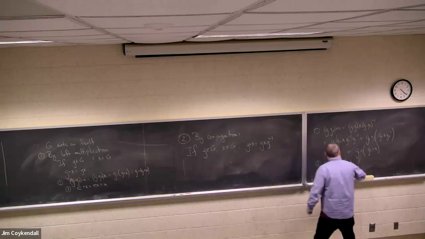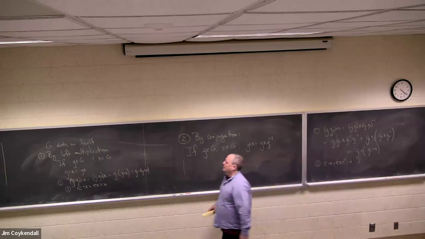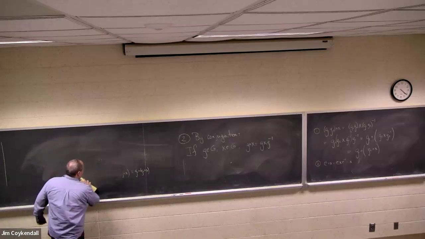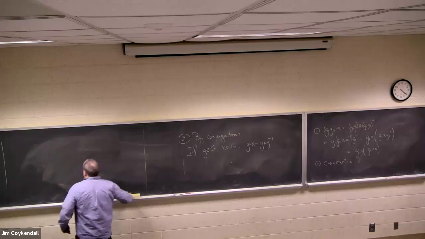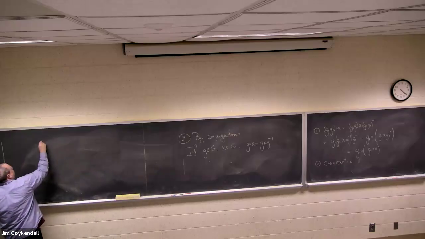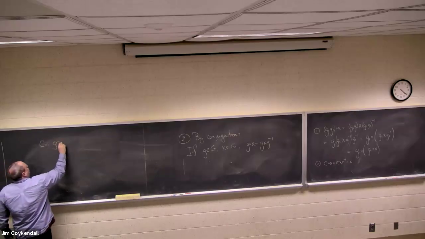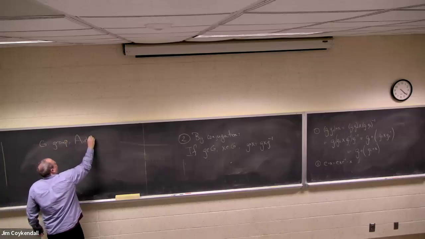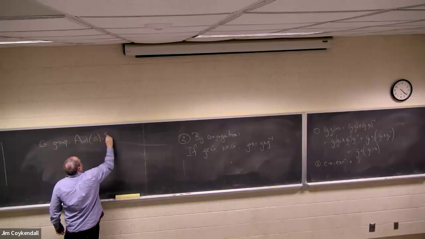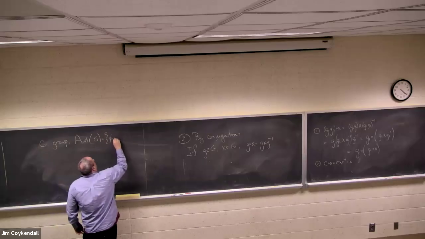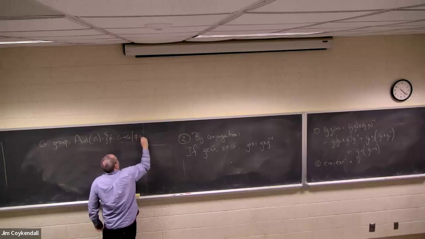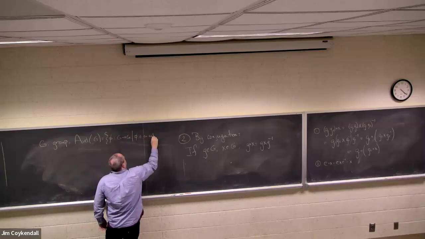I guess I can show it's a group before I start running my mouth. Let G be a group. Aut(G) is the set of phi in G such that phi is an automorphism.